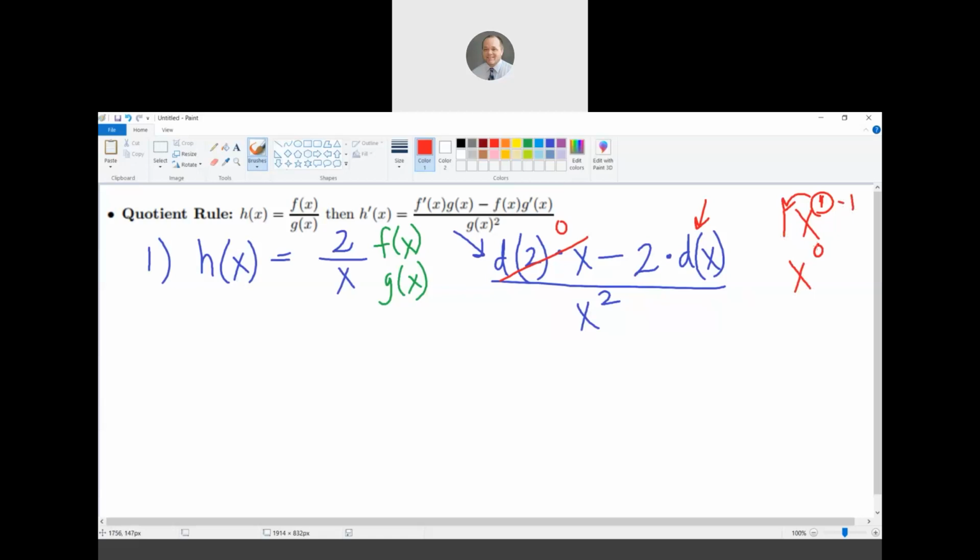So that will give us x to the 0 power, which is equal to positive 1. So that derivative is equal to 1. So our final first derivative would be negative 2 all over x squared.